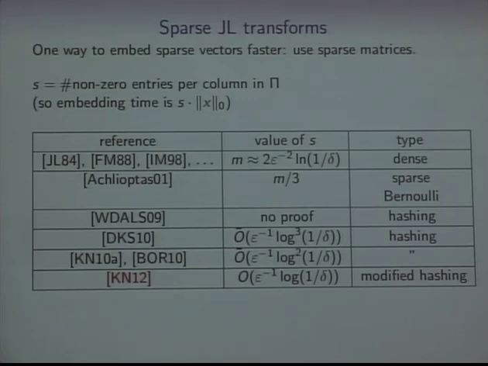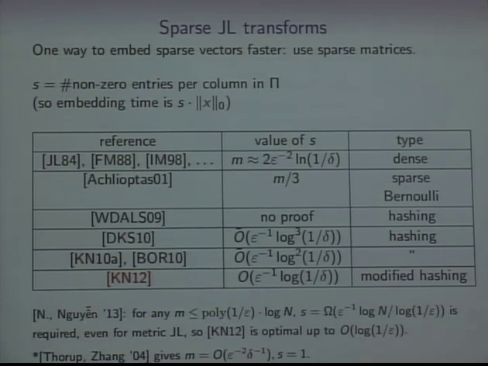And what we show down at the bottom is that you can maintain the same m up to a constant factor. We don't get the same sharp constant that previous work got. But s is actually better asymptotically. It's better by a factor of epsilon. So it's always better than using the previous matrices. And we also showed in work with Nelson that for any m which is less than poly 1 over epsilon times log of the number of points, you basically need an s that's very close to that, up to this log 1 over epsilon factor.